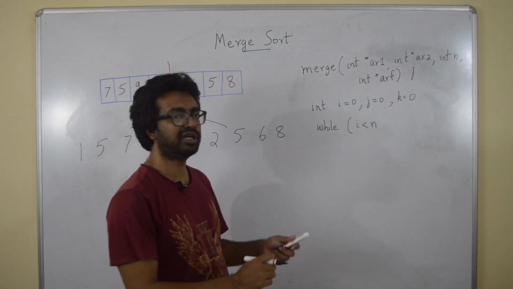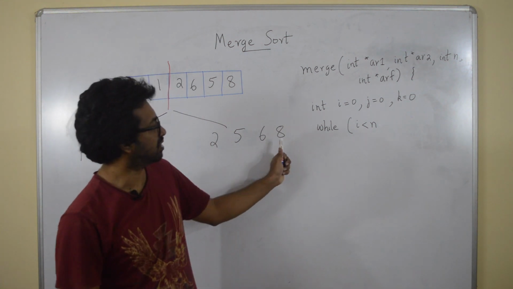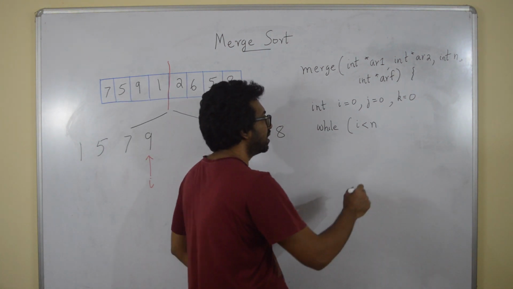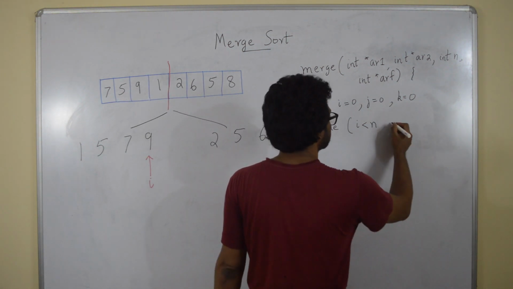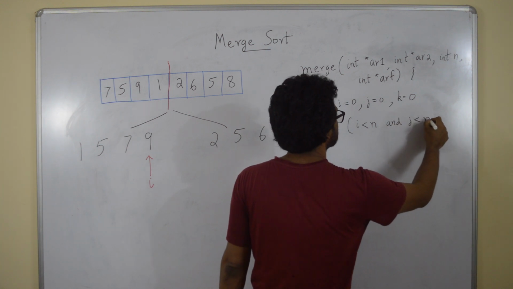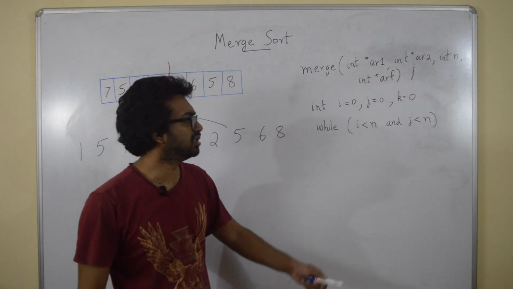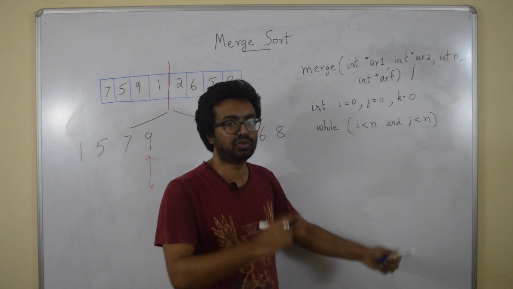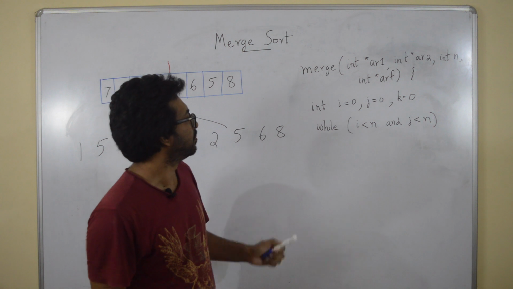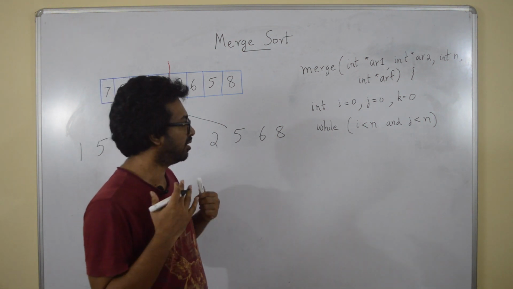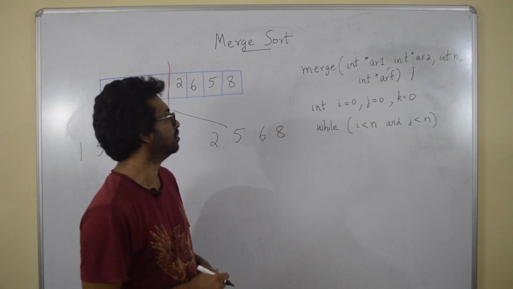Once i becomes n, it means that we have crossed the array, right? And so while i is less than n, and j is less than n. This is our Boolean and; in C you would write it with two ampersand symbols. So while both are less than n, what is it we have to do?